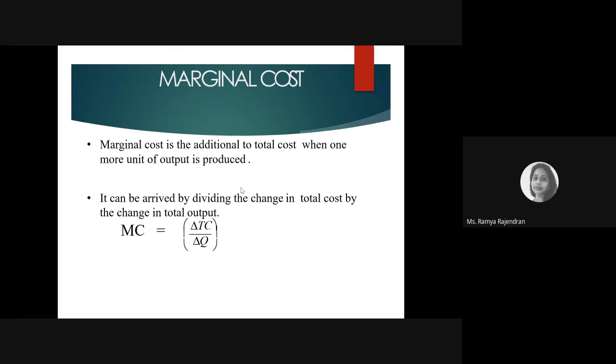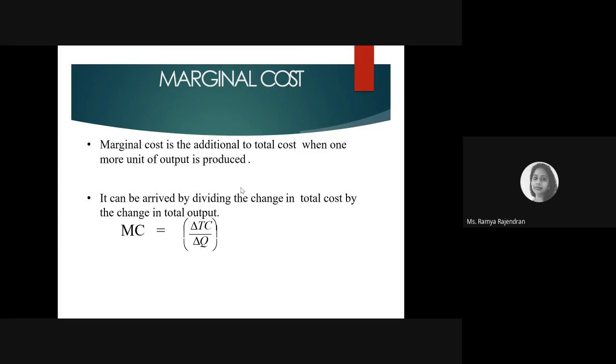Okay, marginal cost. So marginal cost is the addition to the total cost when one more unit of output is produced. For example, if you are making 100 phones, but you want to make 101 phones, so you're just increasing the quantity by only one unit.